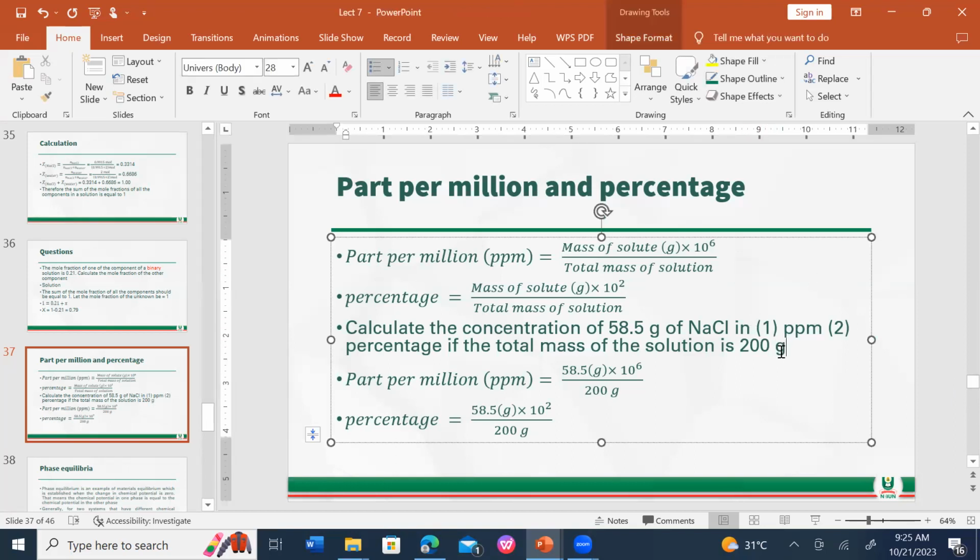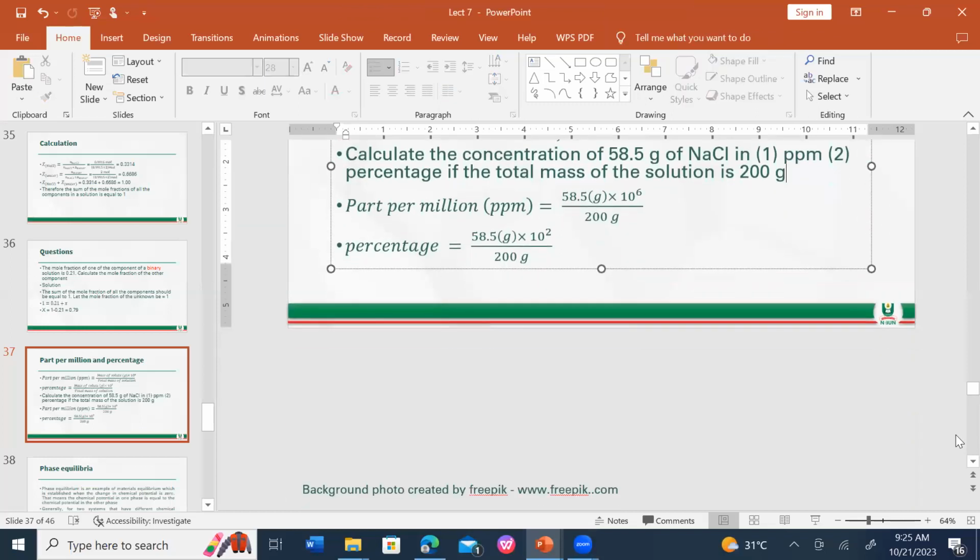Sometimes it can be in kilograms. So the parts per million will be 58.5 times 10 raised to the power of 6 divided by 200 grams. The other one is 58.5 grams times 10 raised to the power of 2 divided by 200 grams too. So that is what you have there.